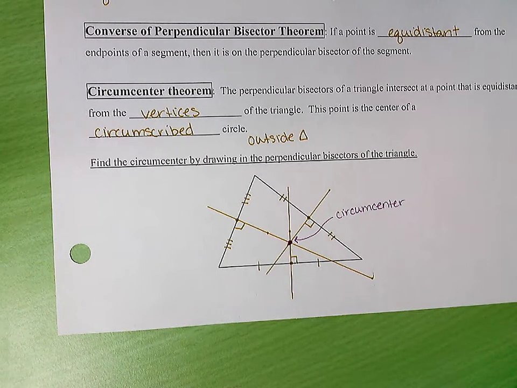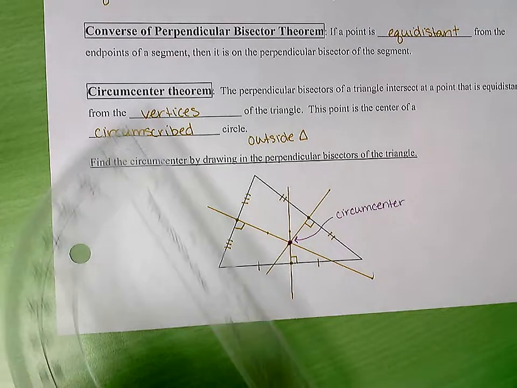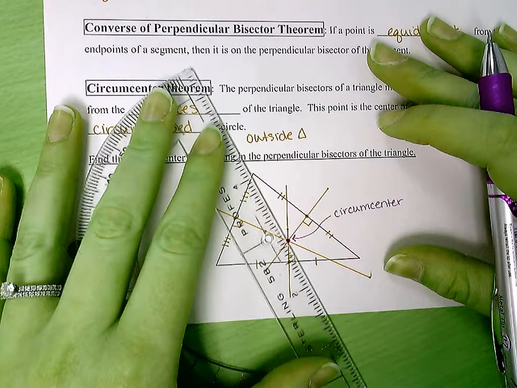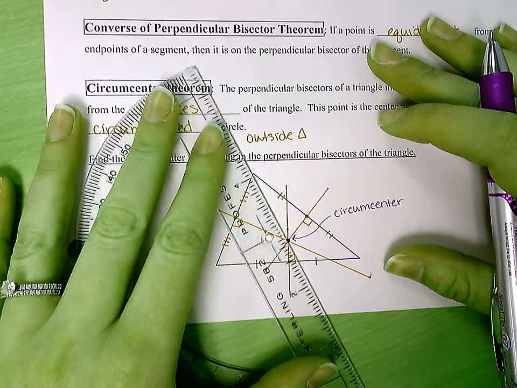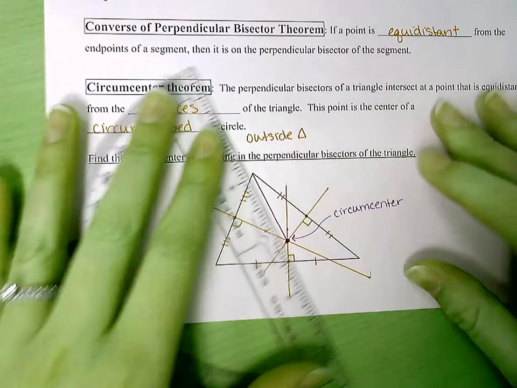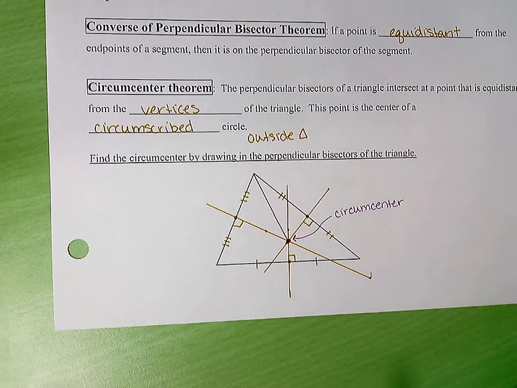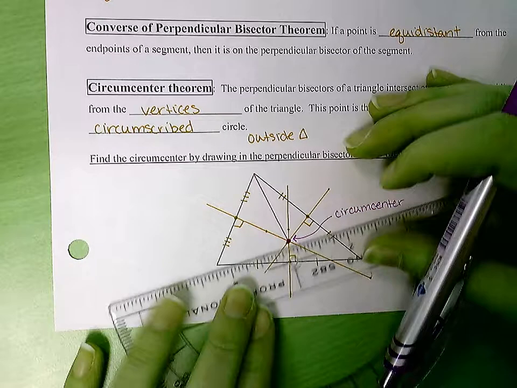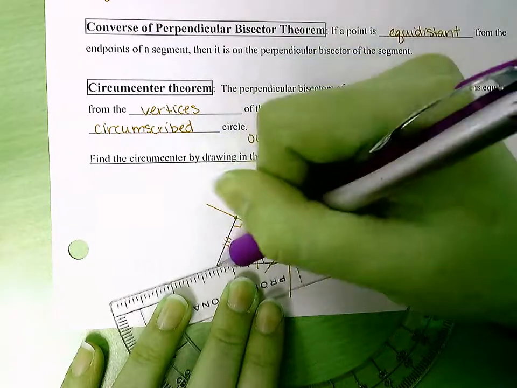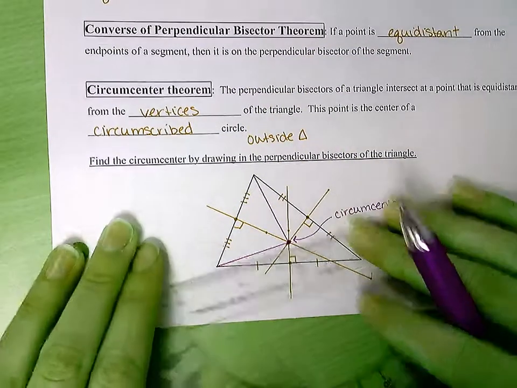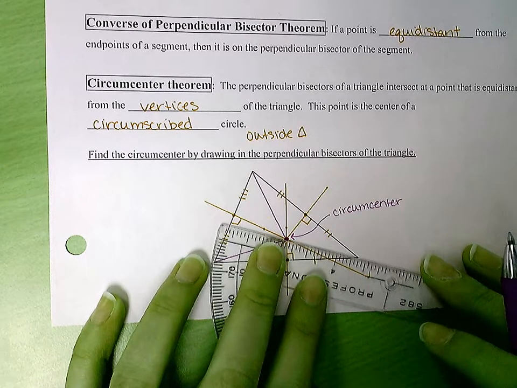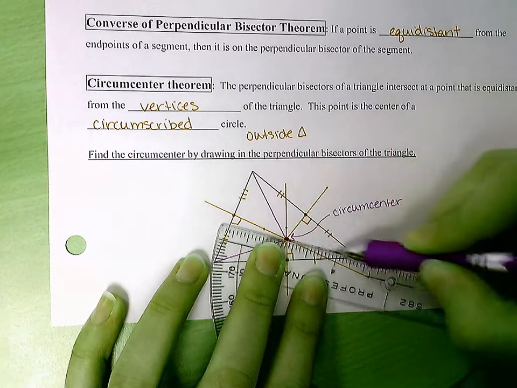Now, what that theorem is saying, if you connect your circumcenter to a vertice, so each of these vertices here, so that line, your circumcenter to another vertice right here, that segment, and then the last one, this segment right here.